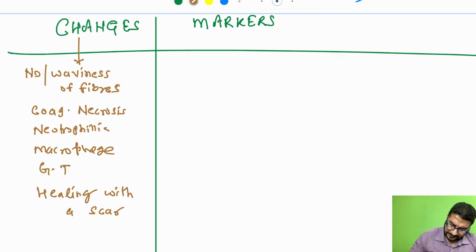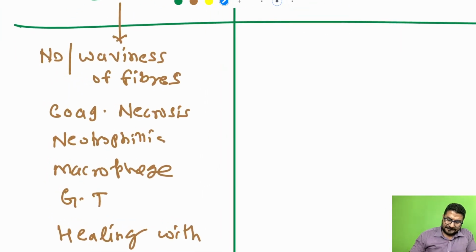Now you also have to remember the durations of all these. This waviness will occur in less than 24 hours, basically 0 to 4 hours.